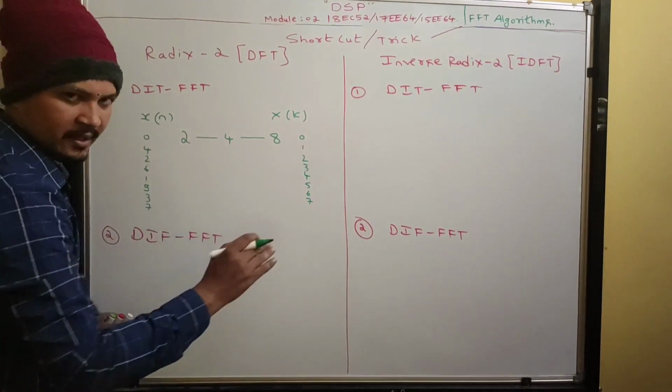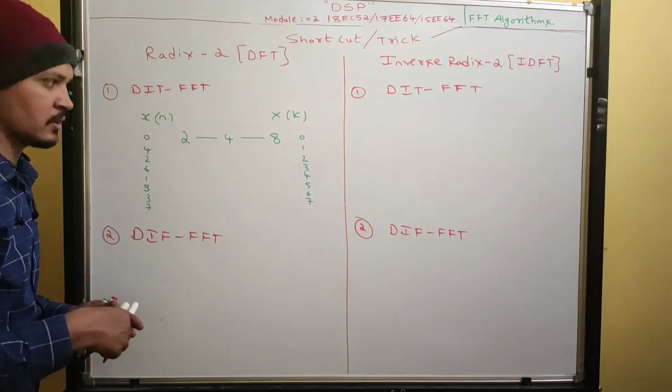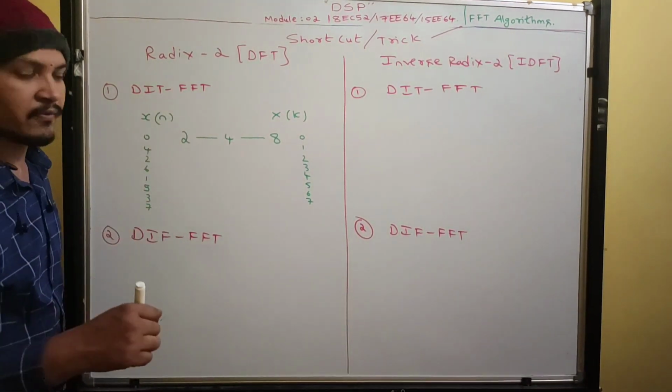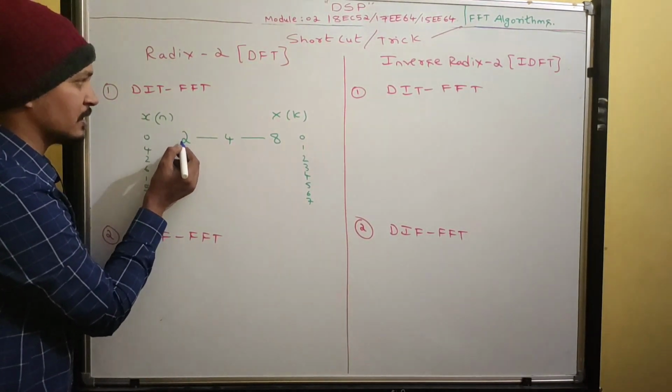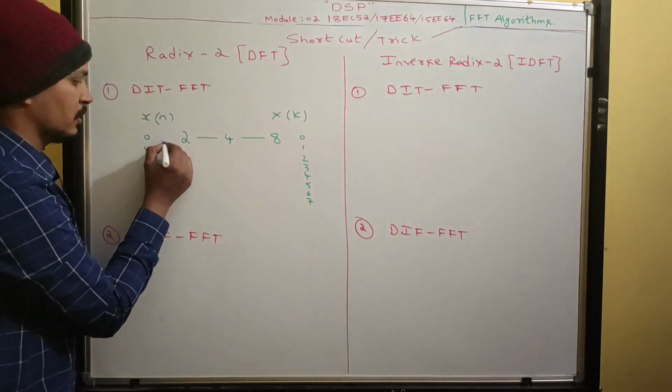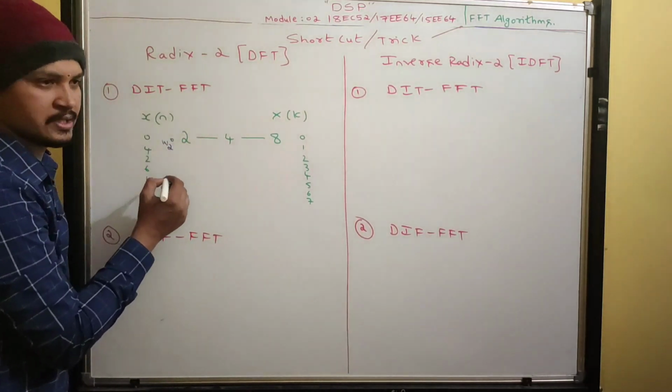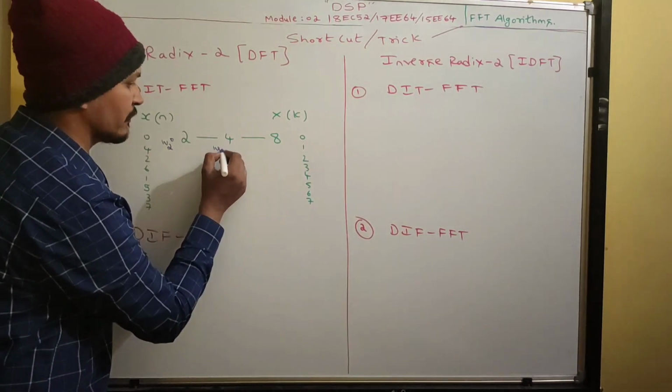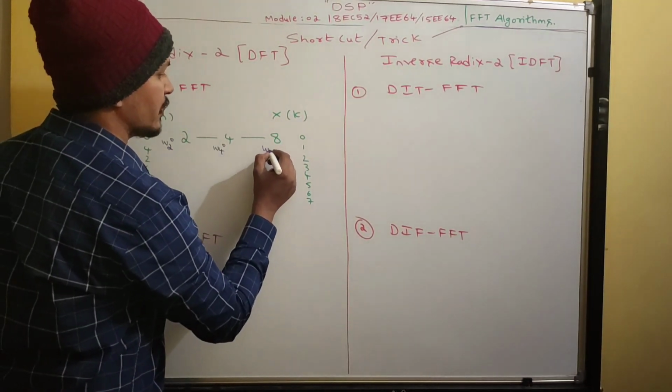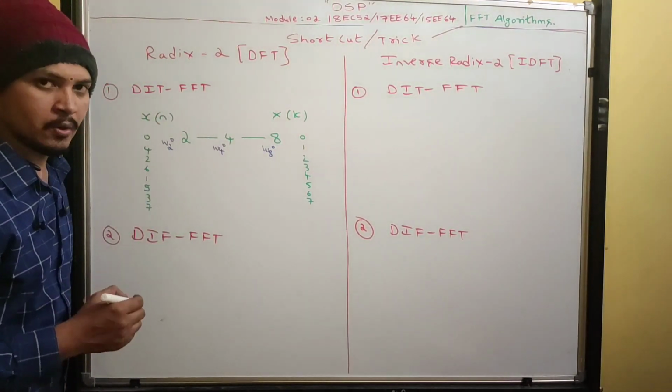You must write 8 lines, but I won't write them because I am teaching the shortcut. So where should you write the twiddle factor? You should write the twiddle factor at the start of the butterfly. Since it's 2-point, omega 2 power 0. Since it is 4-point, you write omega 4 power 0. Since it is 8-point, you write omega 8 power 0.